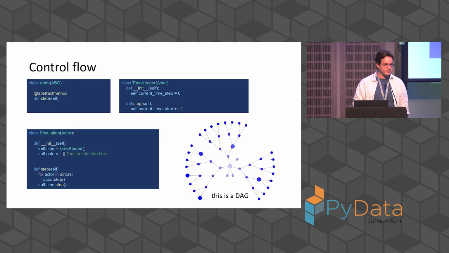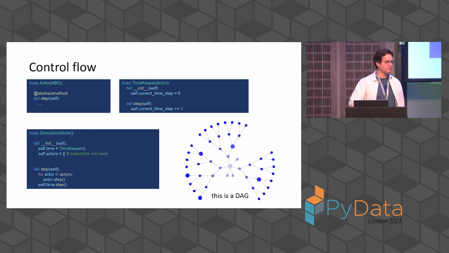How does control flow work? Well, control flow is just about one thing, a step method. Everything that interacts, everything that's an actor in the simulation, has to conform to this actor interface. It means it needs to implement a step method. You've got a timekeeper object here, which keeps track of the time.